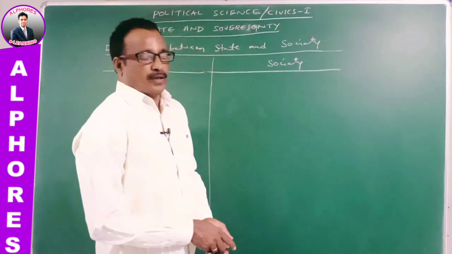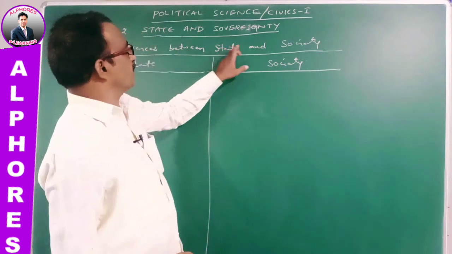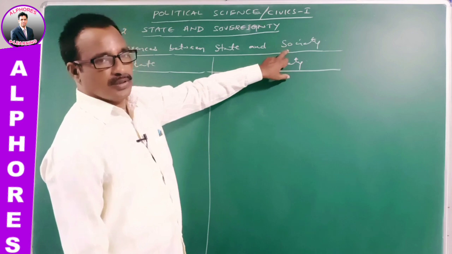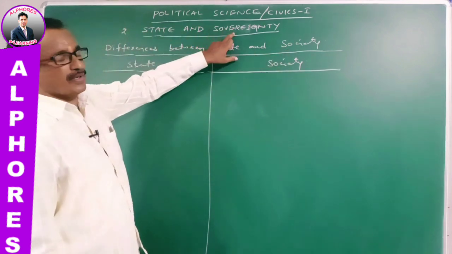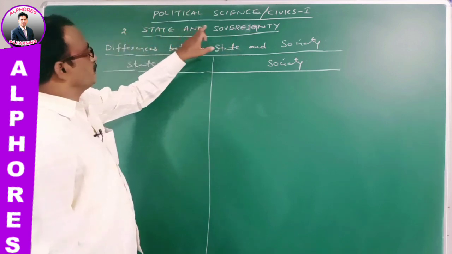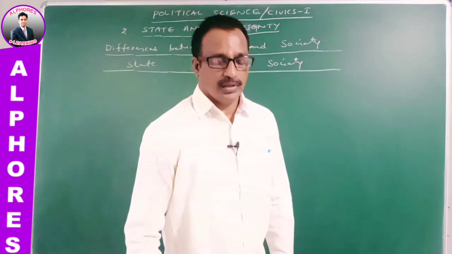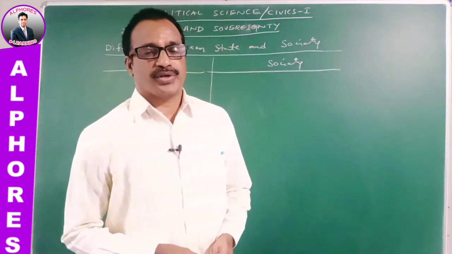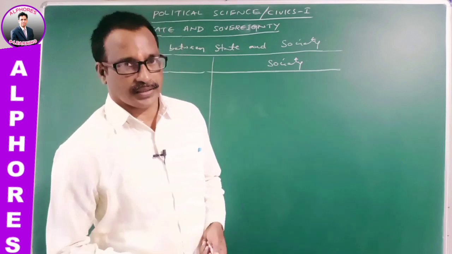Today I am going to explain the differences between state and society, a part of the second unit, that is State and Sovereignty. So what is the second lesson name? State and Sovereignty. In the last class we discussed the essential elements of state.